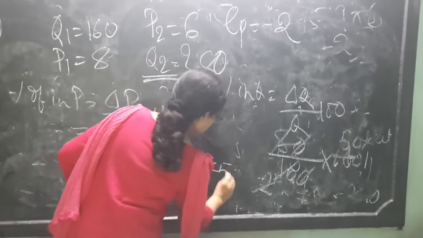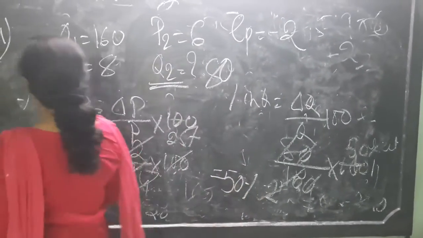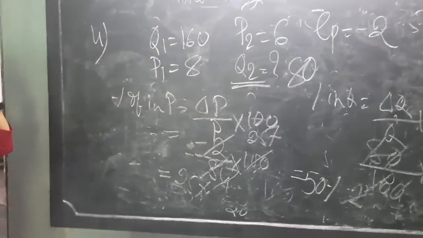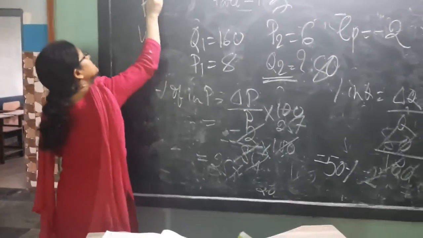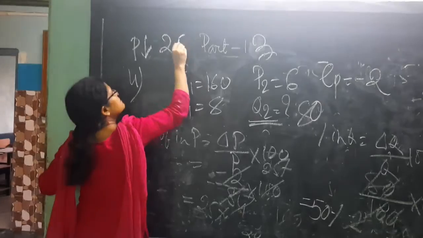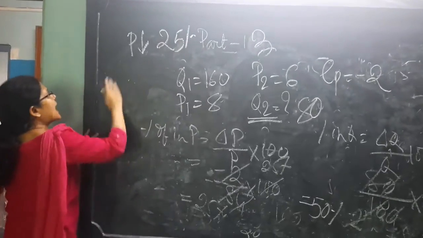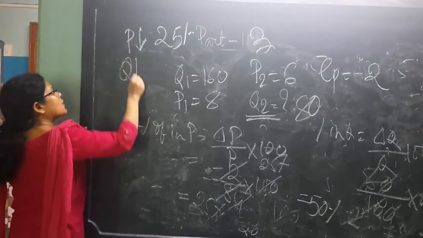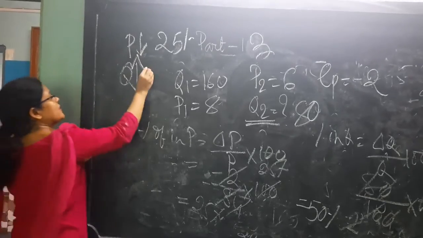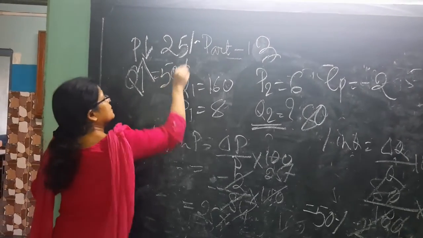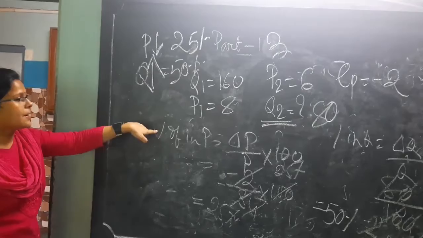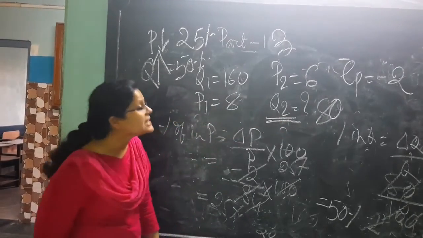So what we have done, just see: the price of the product decreased by 25%, and in that case, in this sum, the quantity demanded increased by 50%, just double. That's why the value of EP is 2.